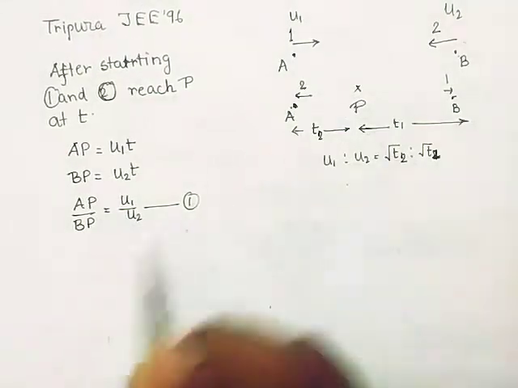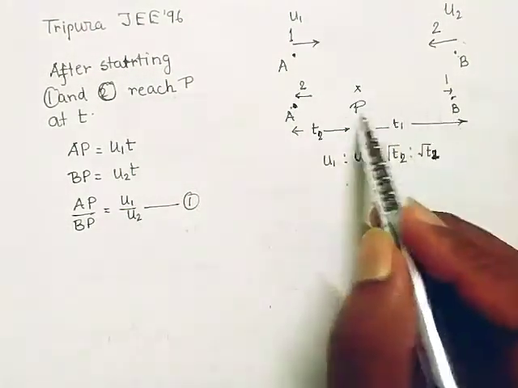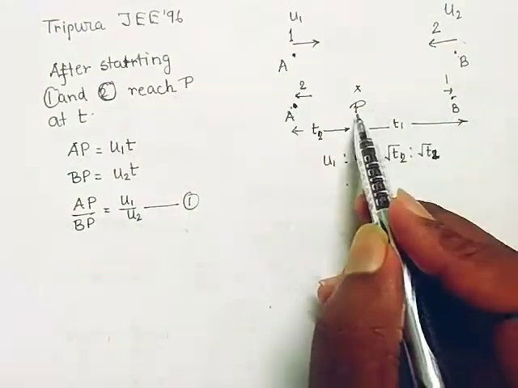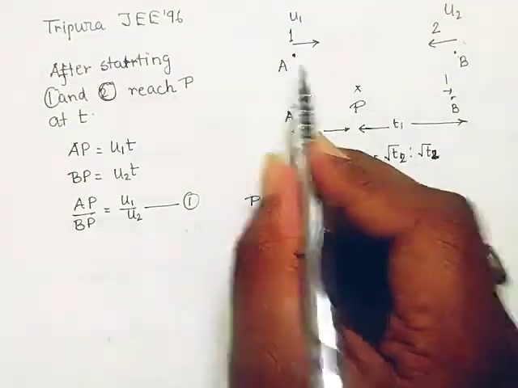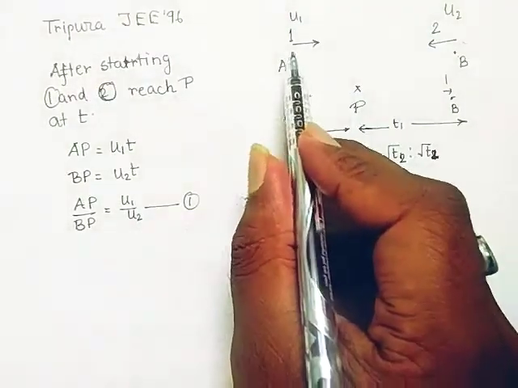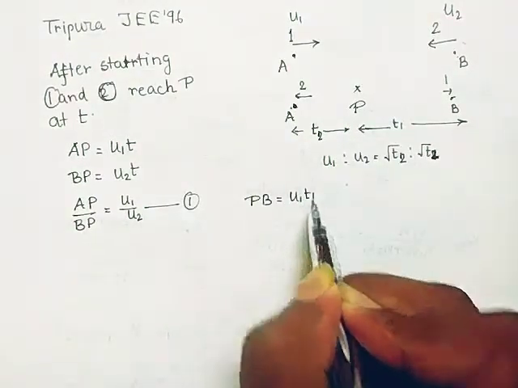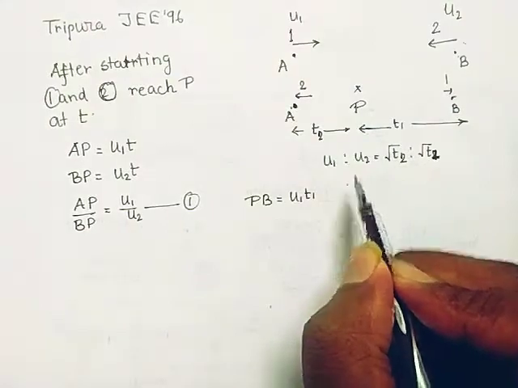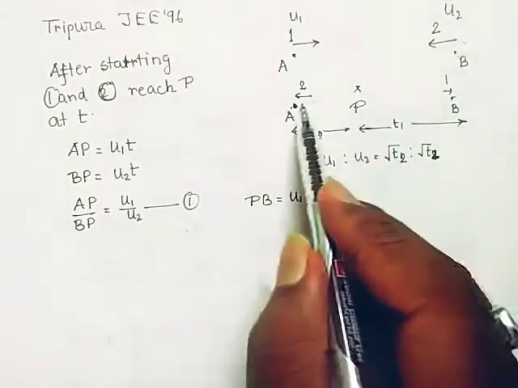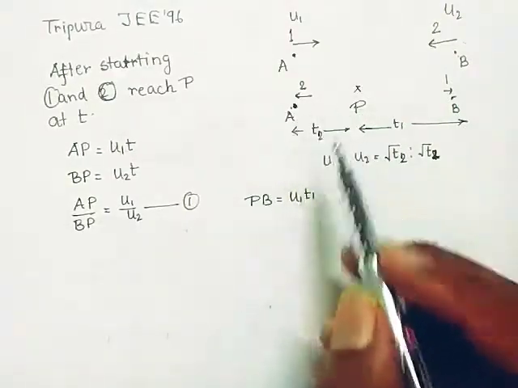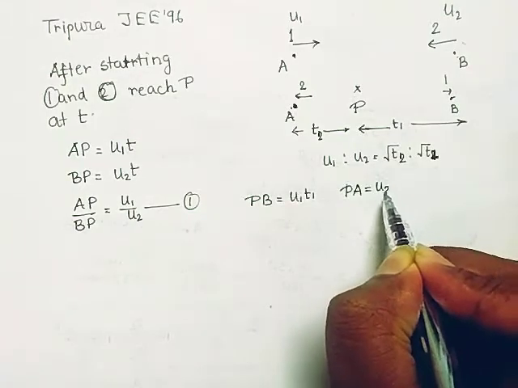So after meeting, in reaching from P to B by the train starting from 1, it takes the time T1. So obviously PB equals U1 T1. And the train starting from B with the velocity U2 takes, after meeting, the time T2. So you can say PA is basically U2 into T2.